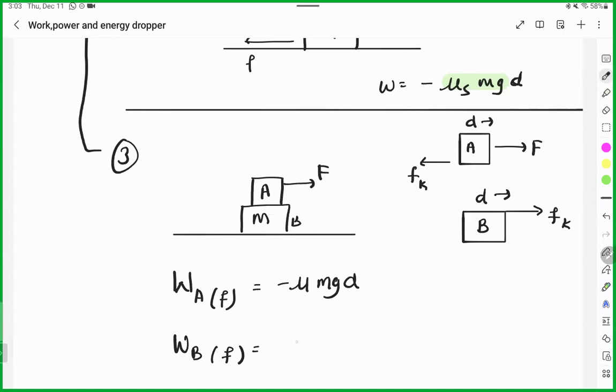And in case of B, plus. Why? Because both friction and displacement are in the same direction. This topic is all about the direction between the force and displacement.